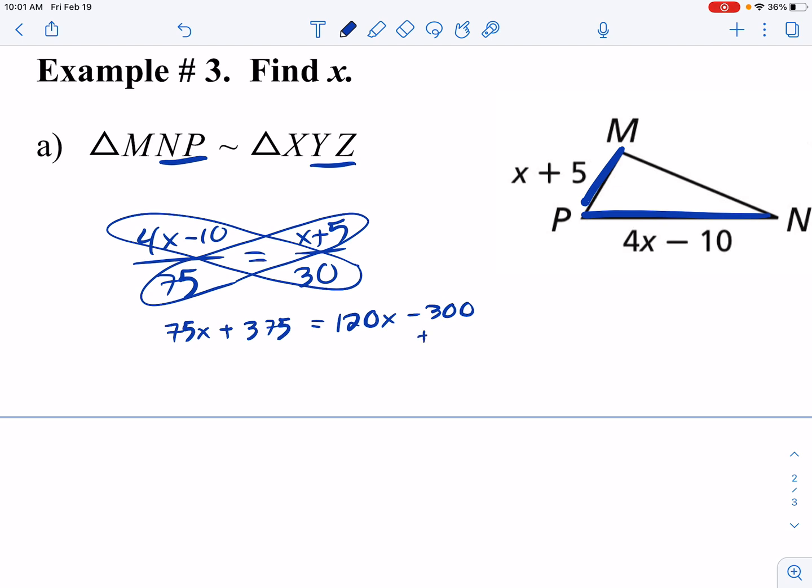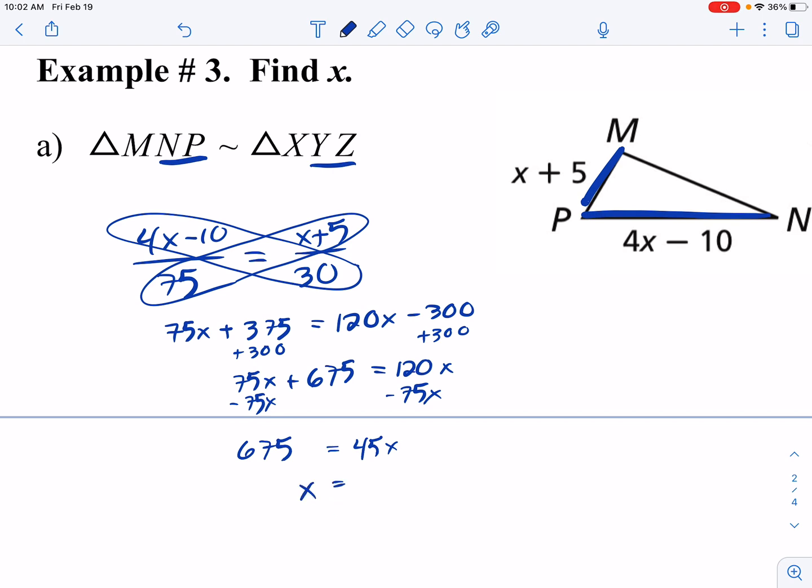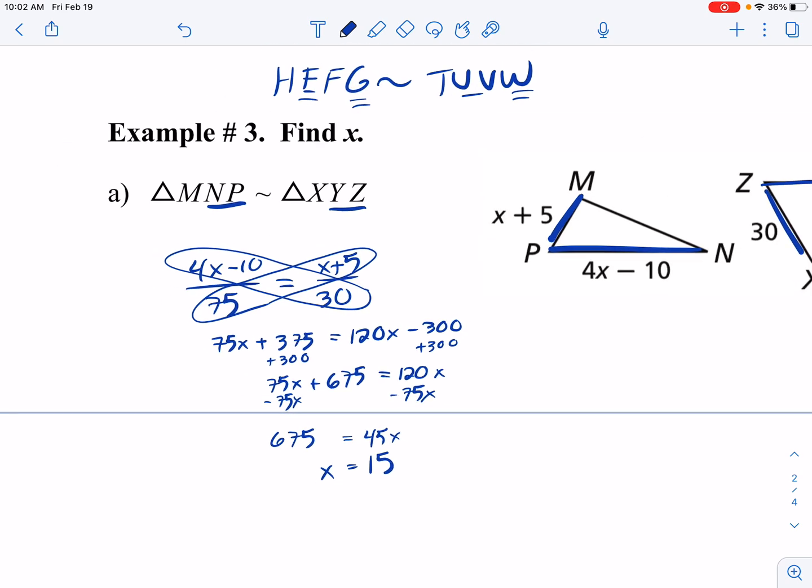Let's add our 300 to the other side. 75x plus 675 equals 120x. Move our 75x over. Get 45x equals 675. 45 goes in 15 times. And you were just solving for x, so you're done right there, okay?